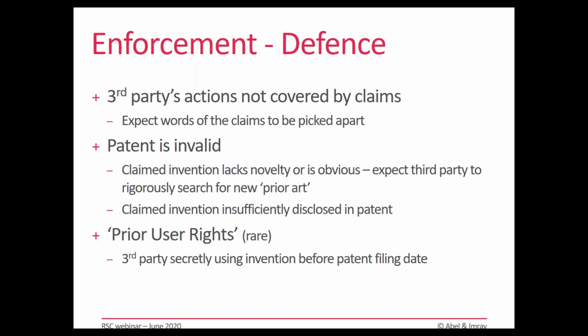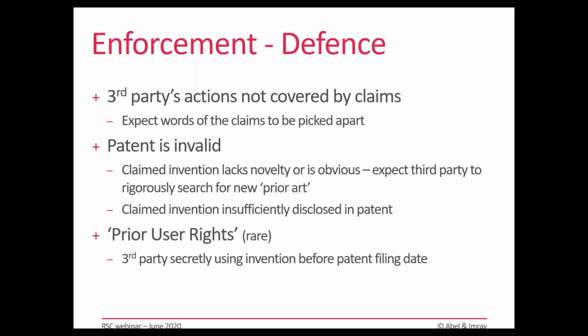The third party could also claim that your invention isn't sufficiently disclosed. So as I said early on, it really is important to provide enough information in your patent application to enable the invention to be worked, because you don't later down the line want someone to claim that they couldn't put your invention into effect.